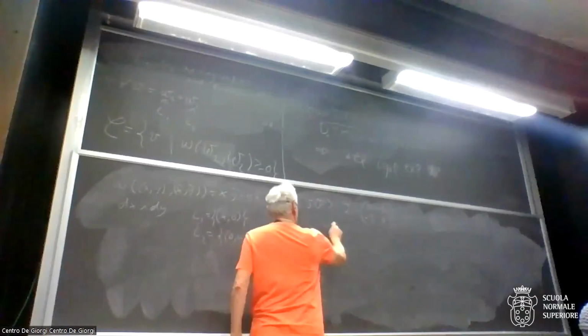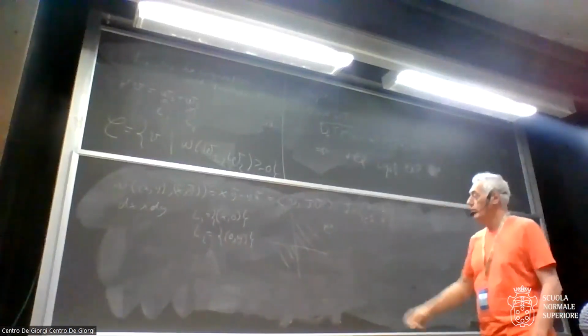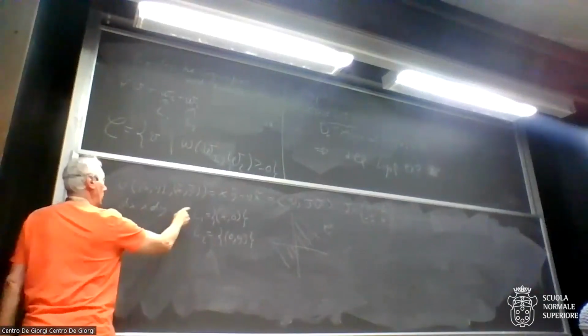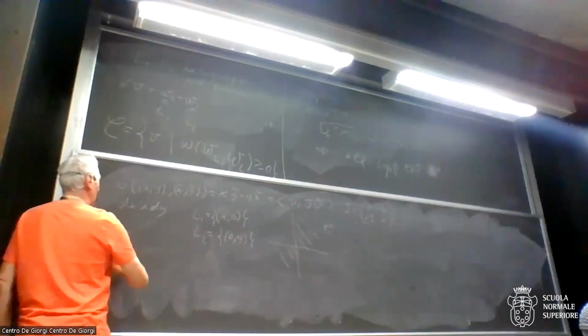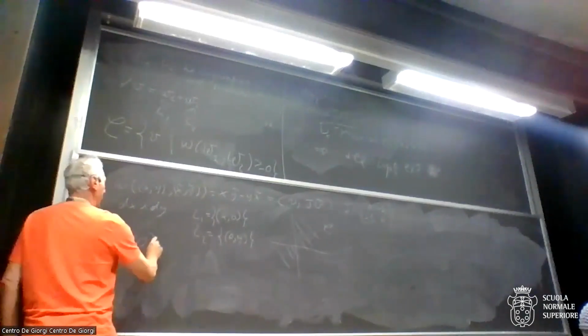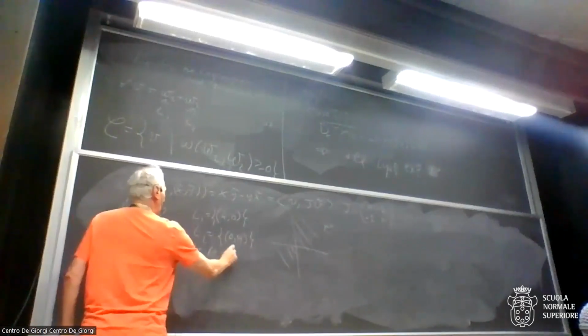This is the cone. Okay, turns out, because why is that the cone? Let's compute. You want to compute that omega. So you take a vector x, y. You can write it as (x, 0) plus (0, y).